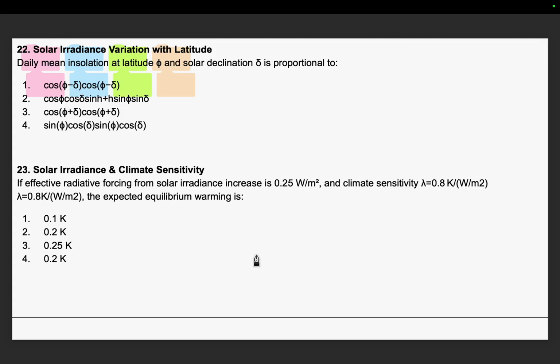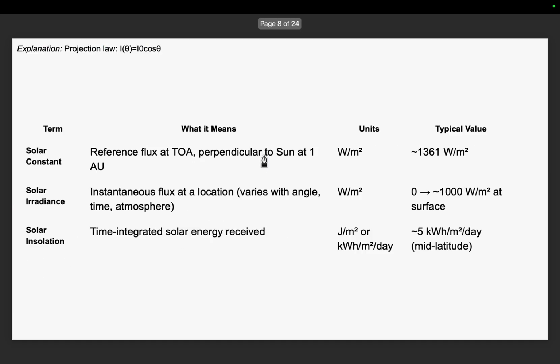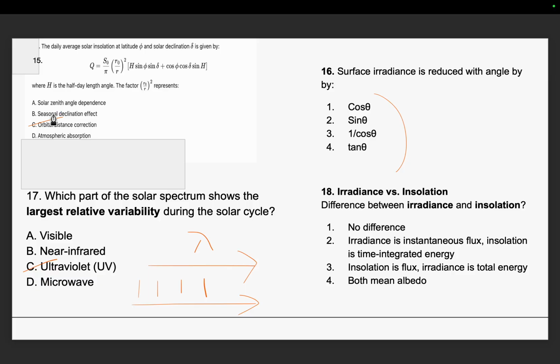Question 22: daily mean insolation at latitude phi and solar declination delta is proportional to what factors? Here h is the same h which was discussed earlier, the half day length angle.